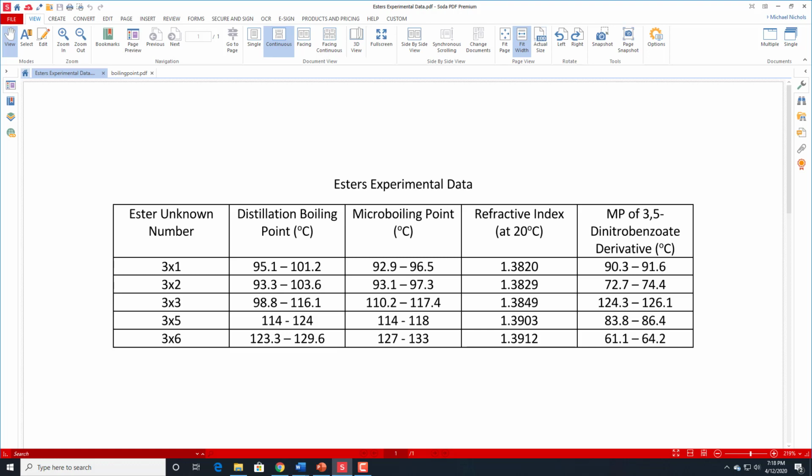The refractive index that was corrected to 20 degrees Celsius, and then the melting point of the 3,5-dinitrobenzoate derivative. So if you had unknown number 333, you would use the 333 set of data in order to determine the identity of your unknown. Okay, so that table will be in Canvas.